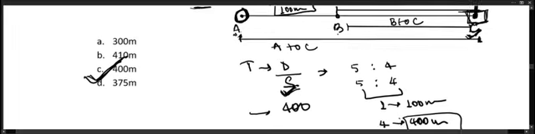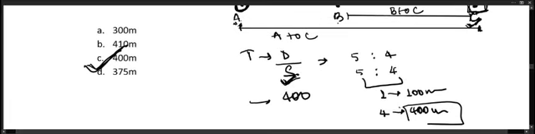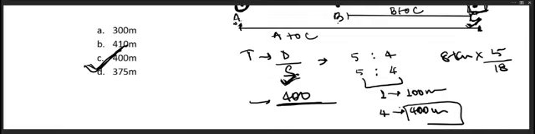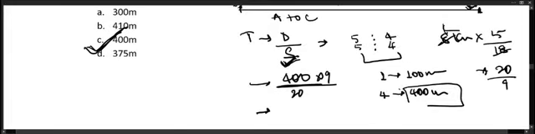So d is equal to 400, and the speed of the thief is 8 km per hour. After converting it into meters per second, we multiply by 5 by 18, and we get 20 by 9 meters per second.